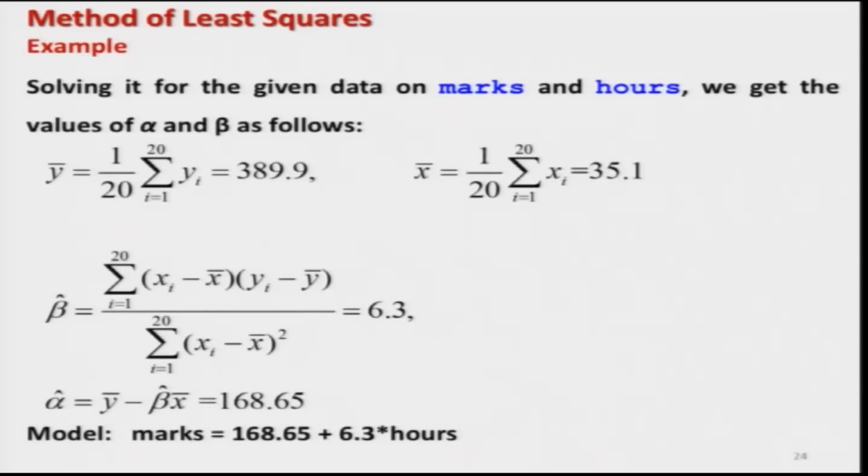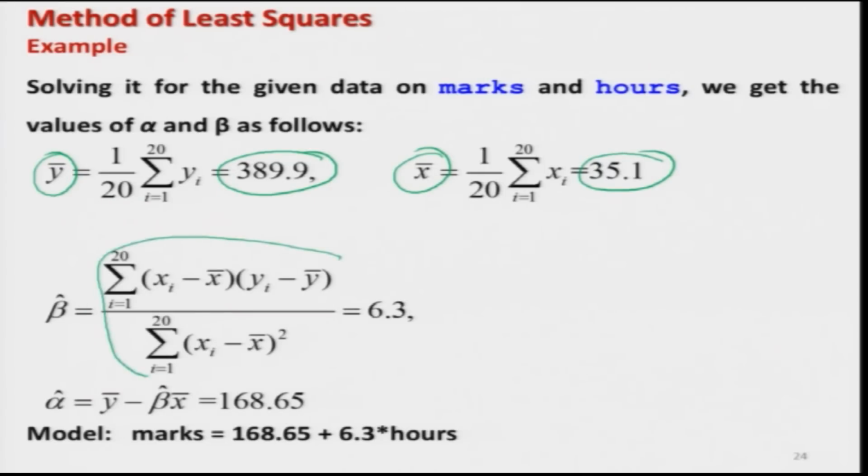Now I compute the values of x bar and y bar. If you compute 1 upon 20 summation i goes from 1 to 20 of y i, y bar comes out to be 389.9, and x bar, the sample mean of all the values of x i, comes out to be 35.1. Similarly, if you substitute all the values in the expression of beta hat, it comes out to be 6.3, and alpha hat comes out to be 168.65.